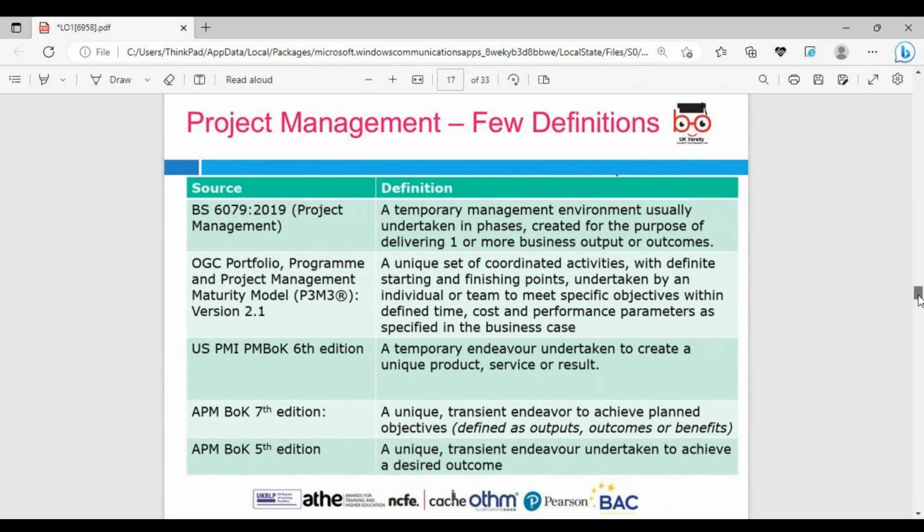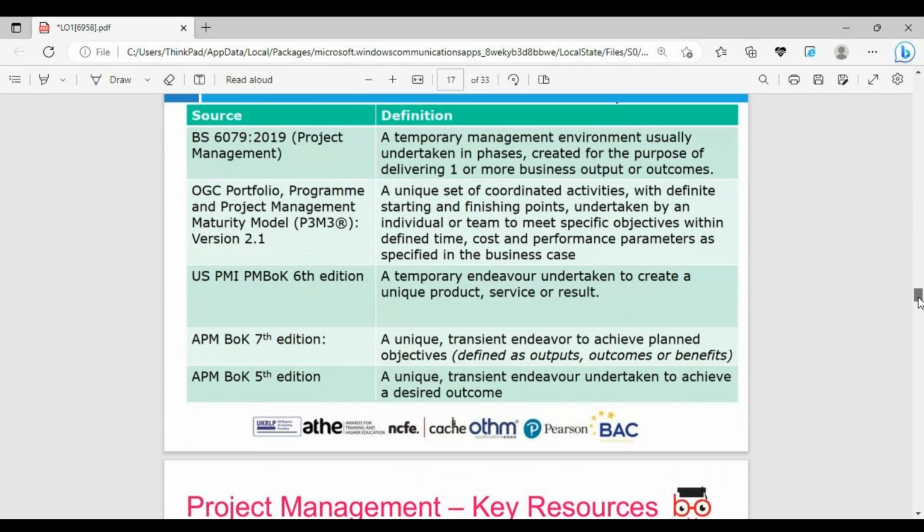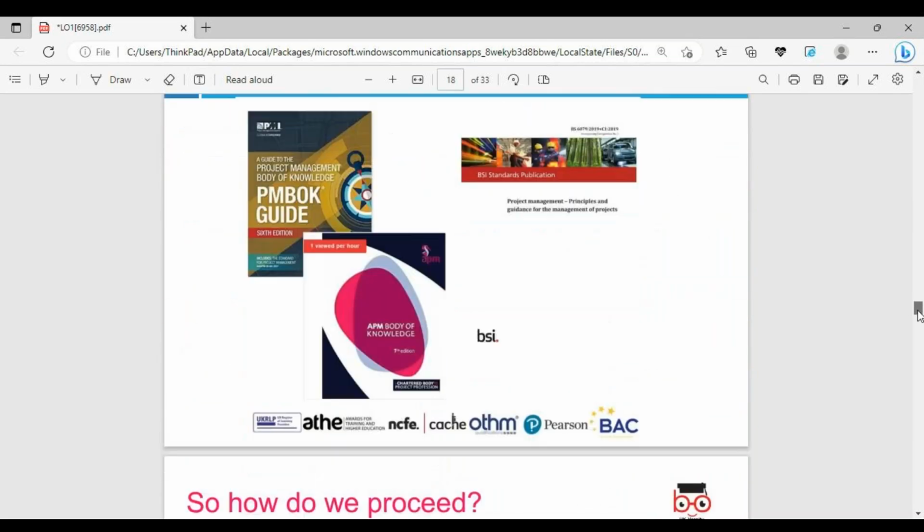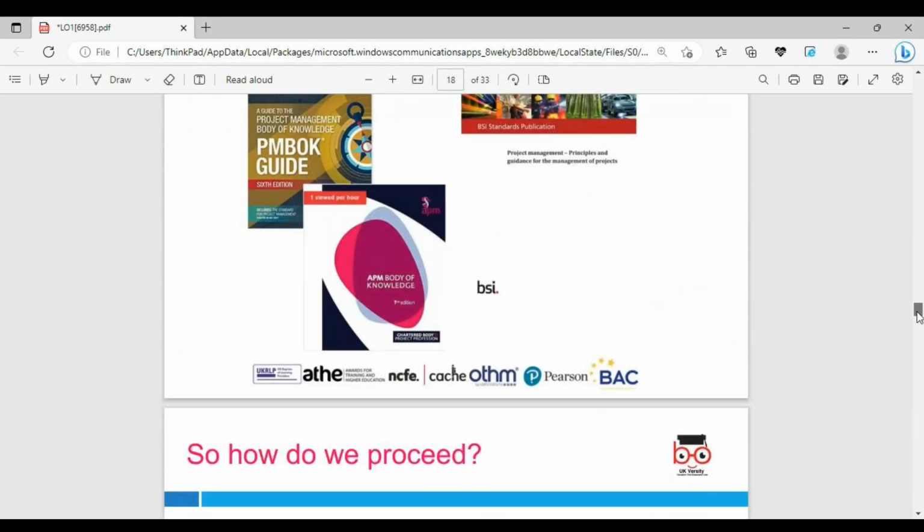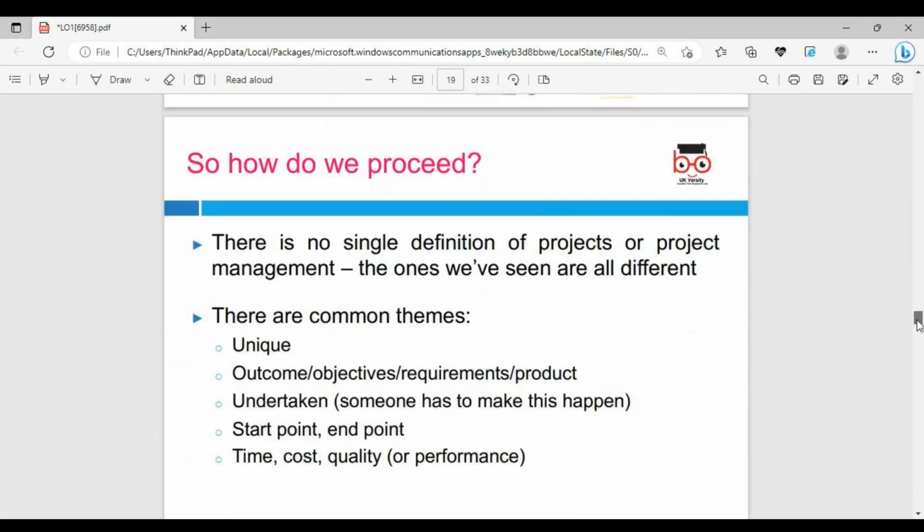A temporary endeavor undertaken to create a unique product can be a project, and the unique, transcendent endeavors are to achieve the planned objective and make sure we get the desired outcome we want. These are all required. For project management key resources, we can use different books that will enhance this further.